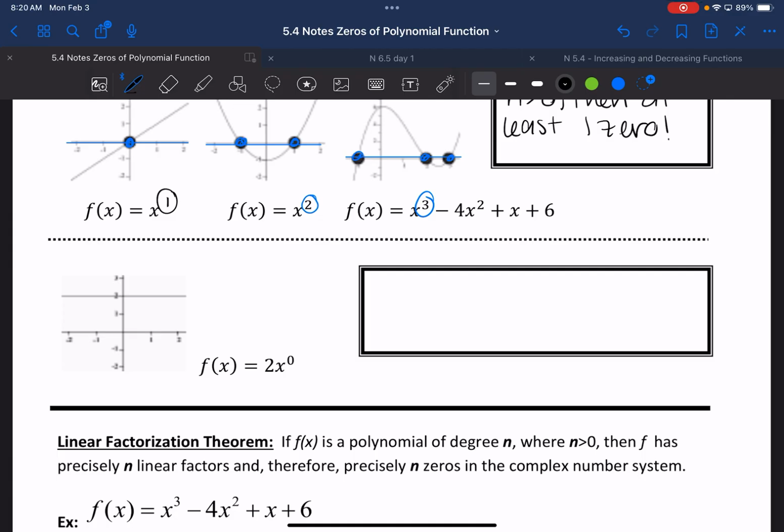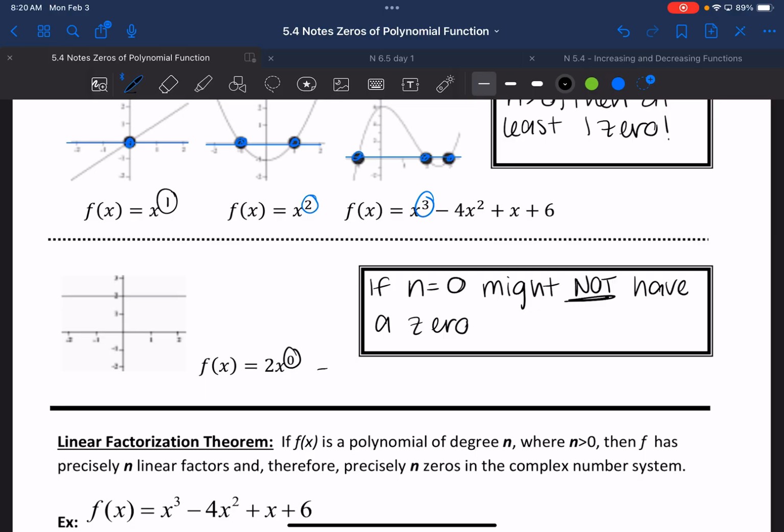Speaking of if it has to be greater than 0, let's also talk about what happens if it is 0. So if n does equal 0, you might not have a zero. Okay, so here they give us the function 2x raised to the 0 power. Well, we know anything raised to the 0 power becomes what? 1.